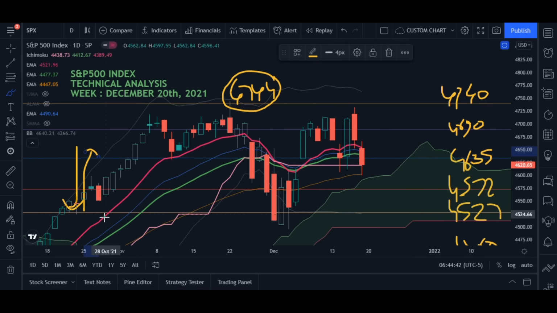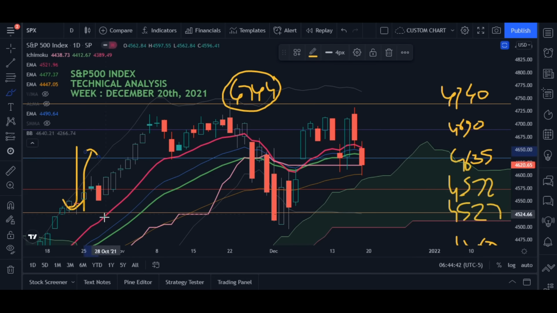So in this case again, it is not clear whether the market is bullish or bearish, just like on the weekly chart. And whenever this kind of situation is there where the trend is not clear on the weekly and on the daily, then there are very heavy chances that the market is going into consolidation.